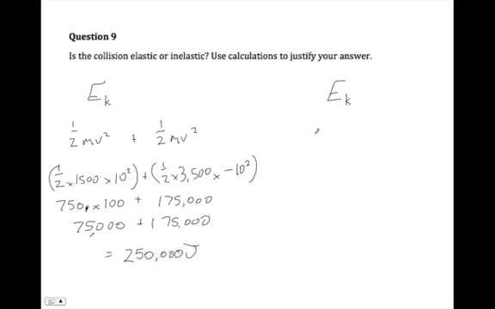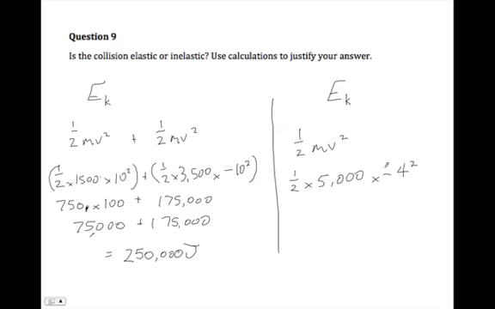Afterwards, our kinetic energy is half mv squared. Two objects have locked together, so it's a half times the masses, which is 3,500 and 1,500, is 5,000 kilograms, times minus 4 squared.